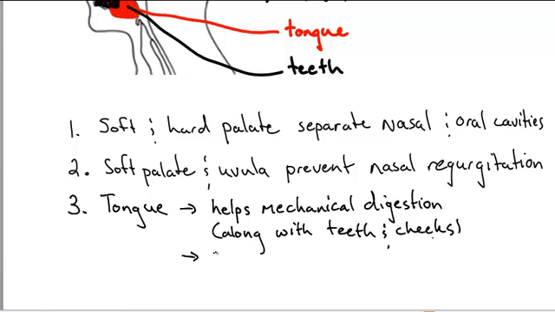It's also necessary for swallowing. It moves the food towards the back of our mouth. And it's essential for taste, which helps us to enjoy food and avoid things that aren't good for us.